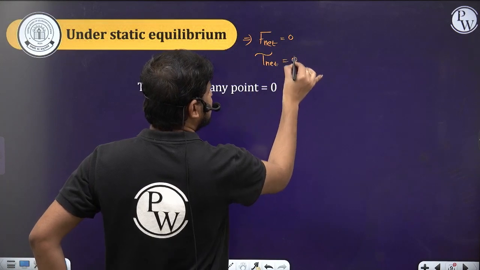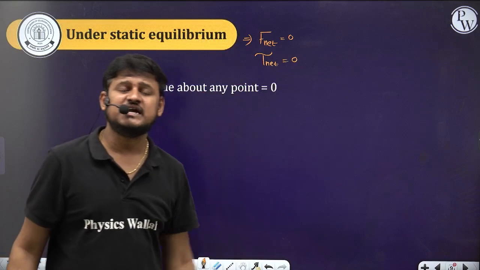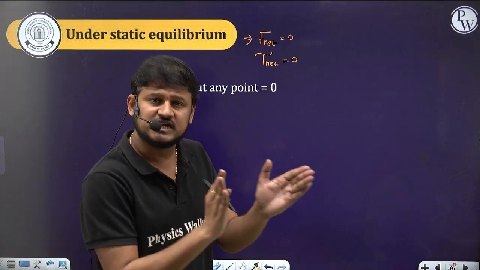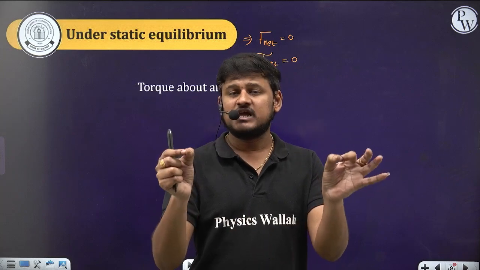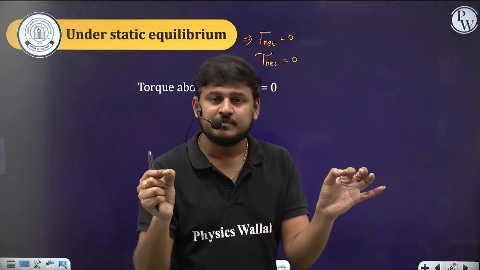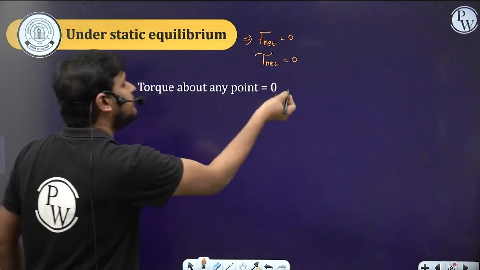Now, torque about which point should we take as 0, sir? Whether it is about the center of mass or any other point of the body. Remember, if the body is in static equilibrium, the torque about any point is 0.